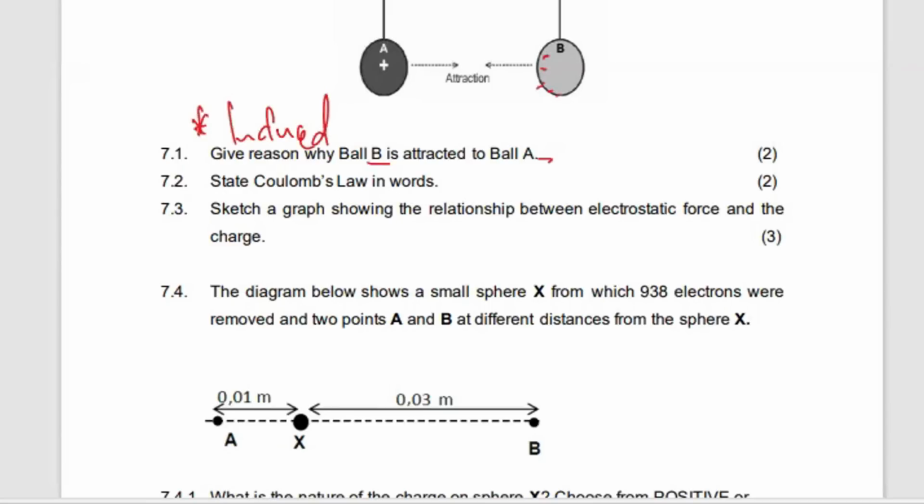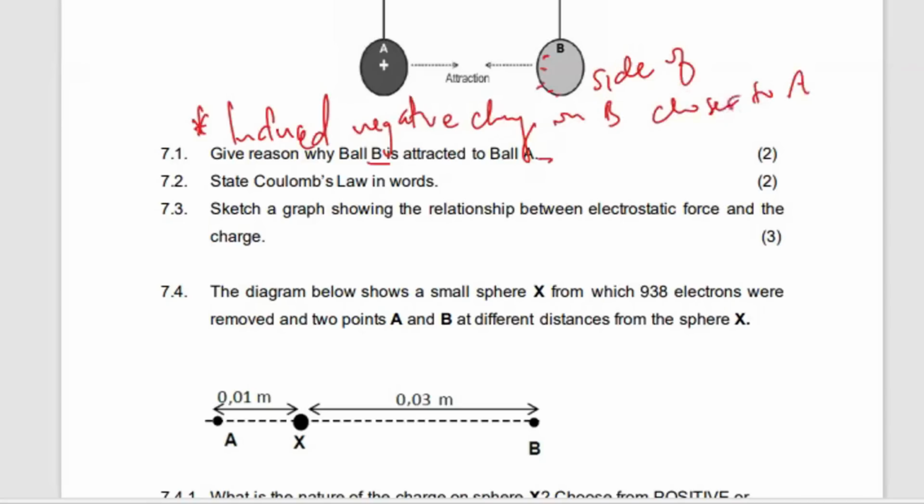So we say, in the presence of induced negative charge on B, on the side of B that is closest to A. So that's the reason why there is that sort of attraction.